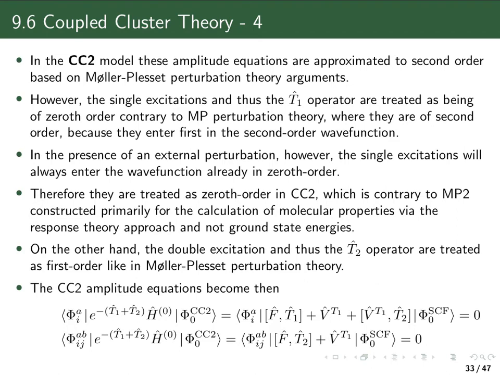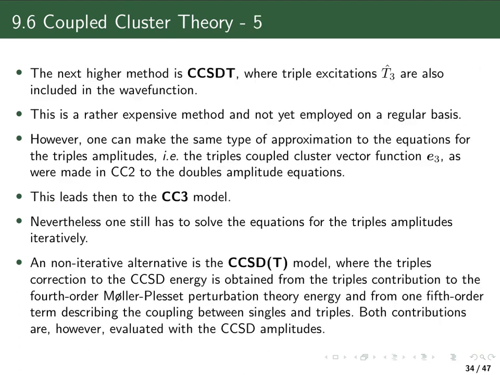And the terms which vanish are the ones which include commutators of the fluctuation potential or the T1-transformed fluctuation potential with the T2 operators, because they would then be higher order than the terms which we have here, which is the Hartree-Fock Hamiltonian as zeroth order, the T1 as first order, and this T1-transformed fluctuation potential is also first order.